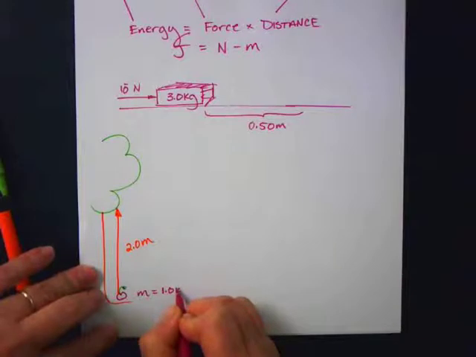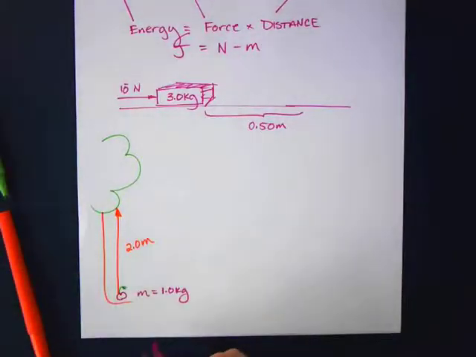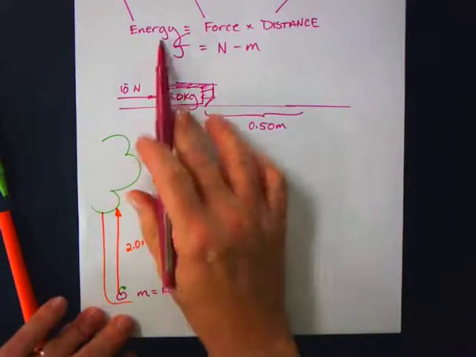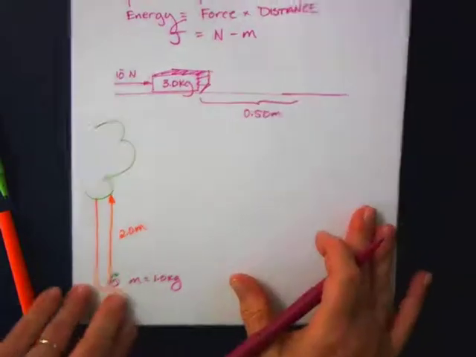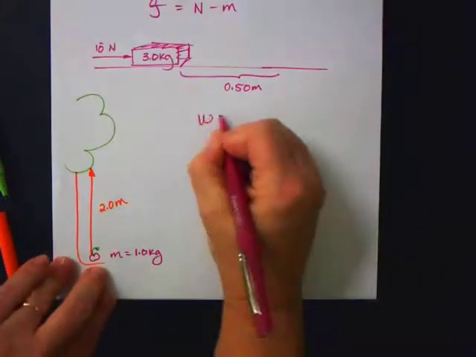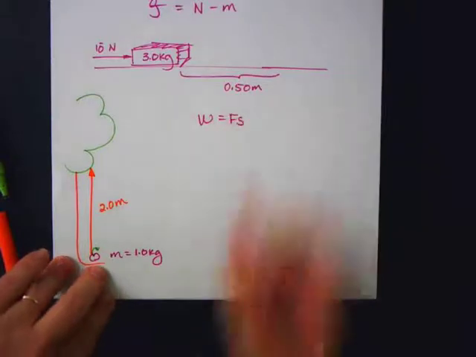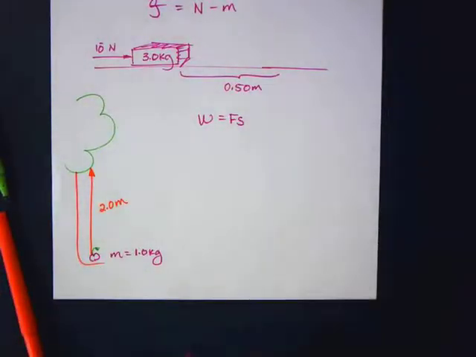The apple has a mass of, let's say, 1 kilogram. So using our work formula, work equals force times distance. Wait, we're putting the apple back? Yes, we're putting the apple back up into the tree.